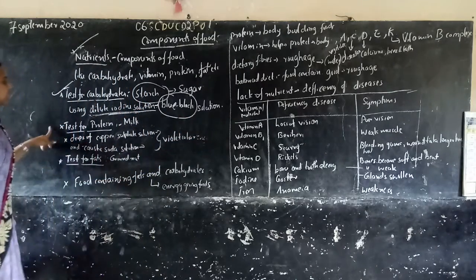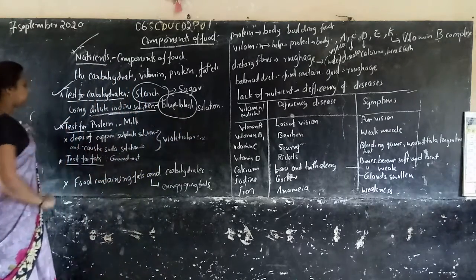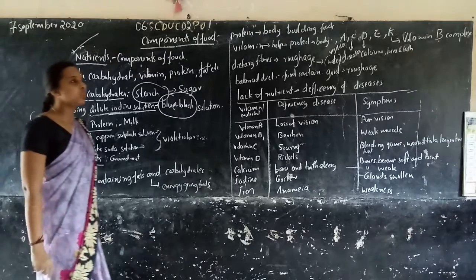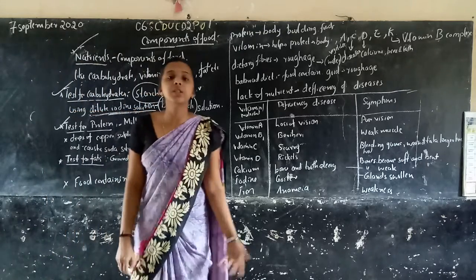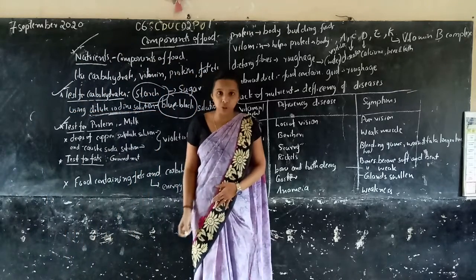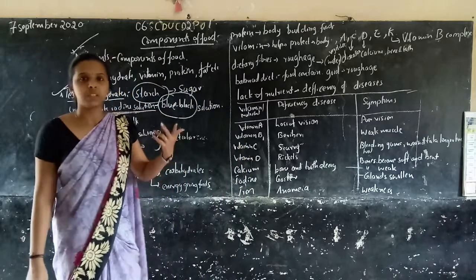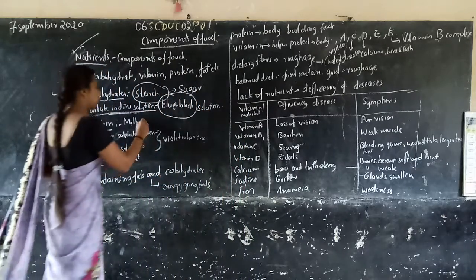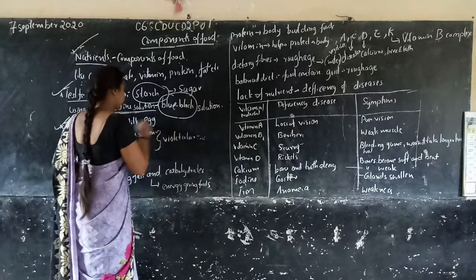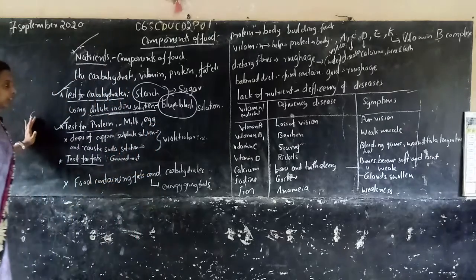Second, how do we test for protein? Which foods contain protein? The major ones are milk, egg, etc. So how can we identify it?